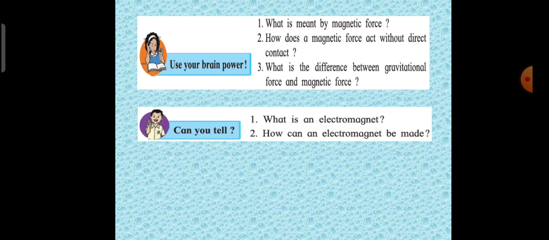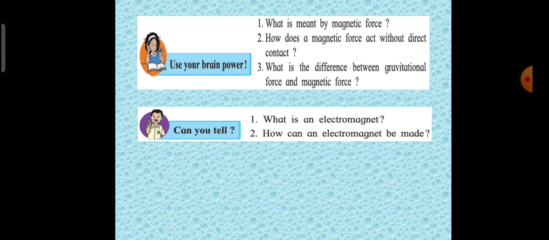If you bring other iron nails around it, it starts attracting them. So that is magnetism when an electric current is present, and such a magnet which is made in presence of electric current is called an electromagnet.